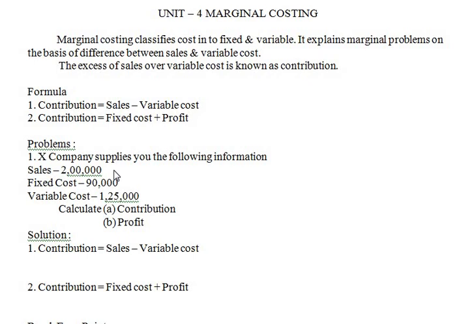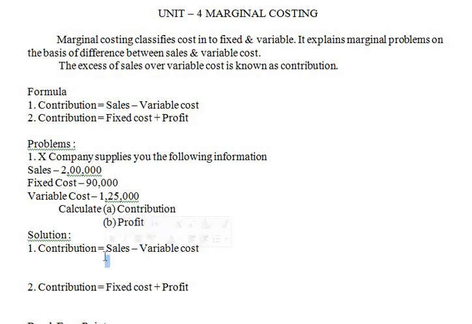Now we will see one small problem on contribution. X company supplies you the following information: sales 2 lakh, fixed cost 90,000, variable cost 1,25,000. Calculate contribution and profit. Now we have sales, fixed cost, and variable cost, so we can find out contribution.